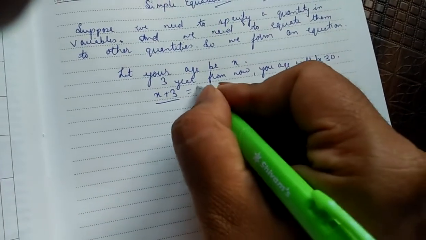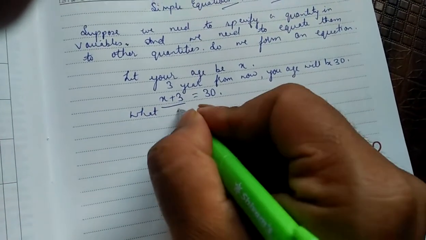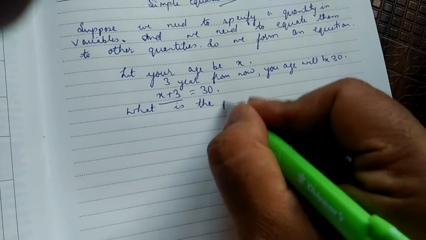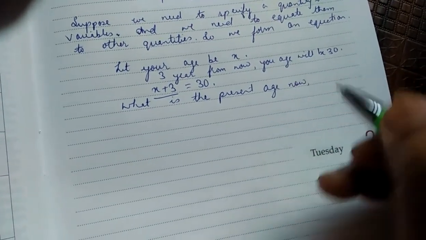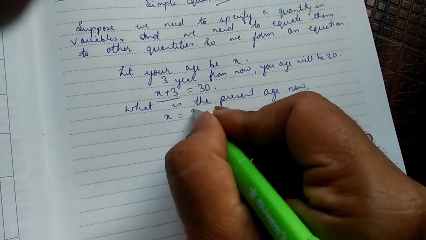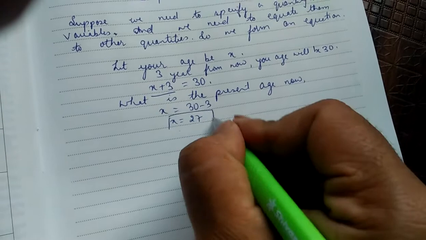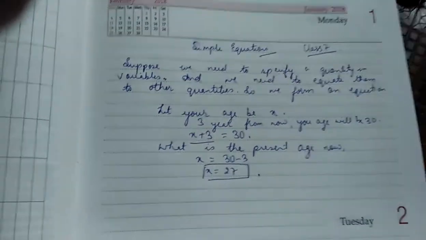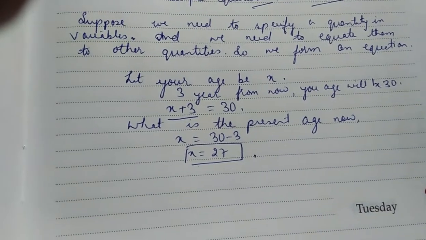Okay, so x plus 3 is equal to 30. What is the present age now? Okay, so x is equal to 30 minus 3, 27 is the present age. Okay, so in order to solve questions like this, we need to understand about equations.